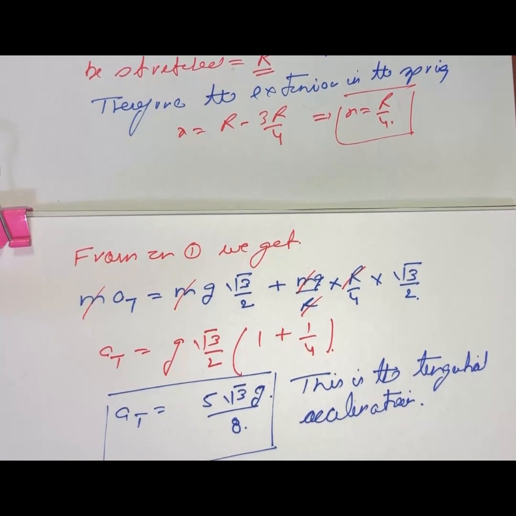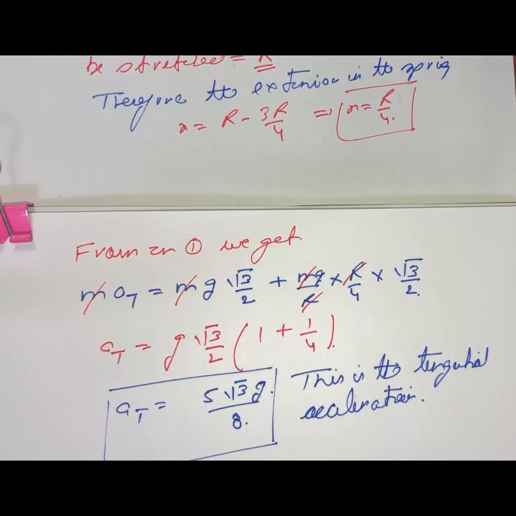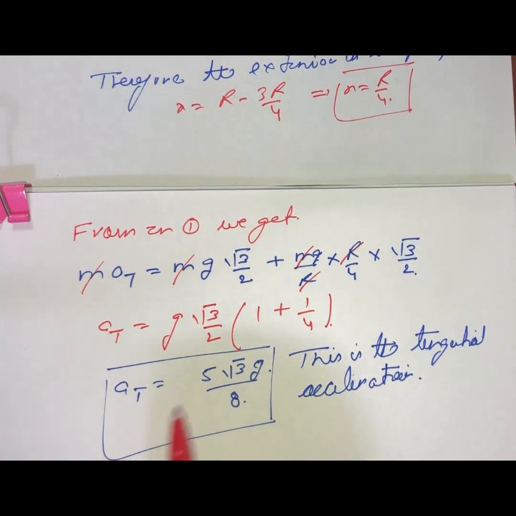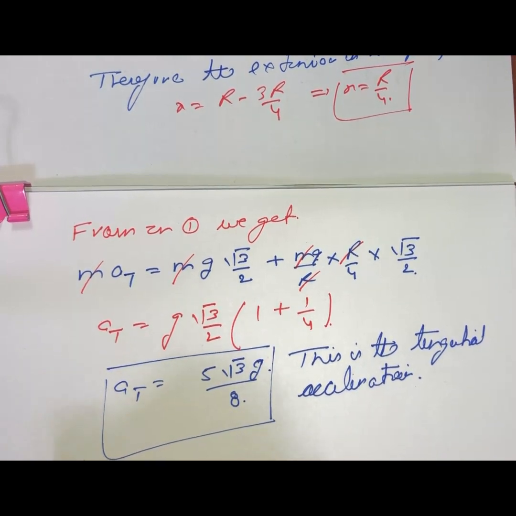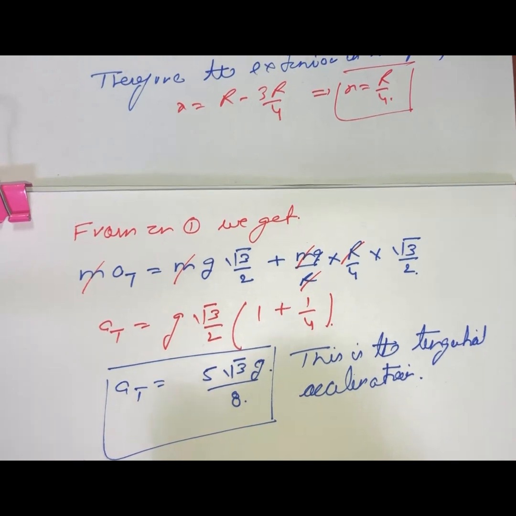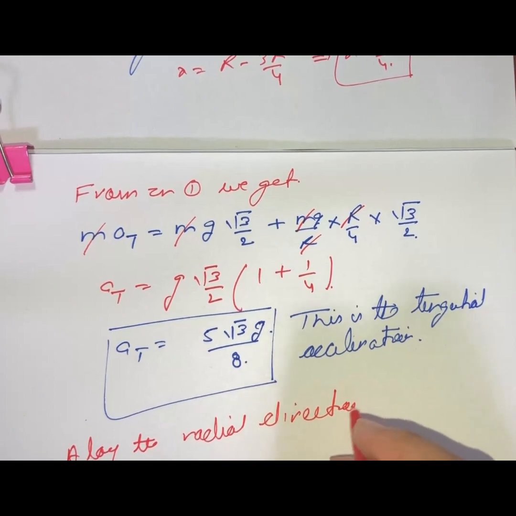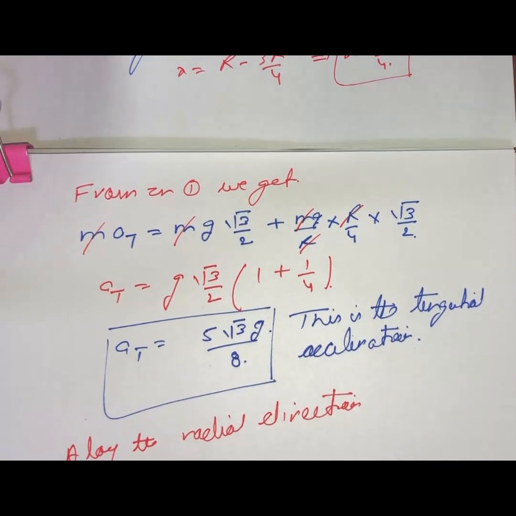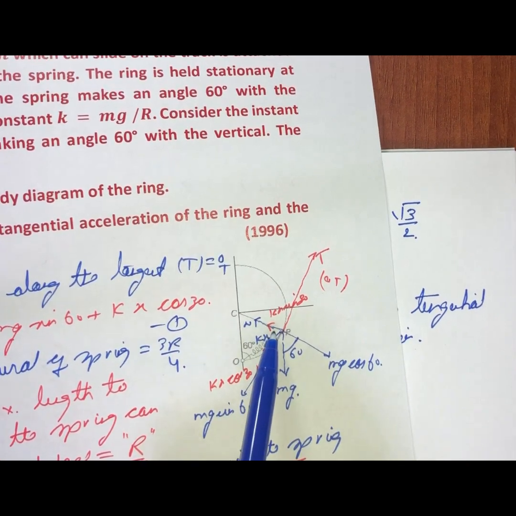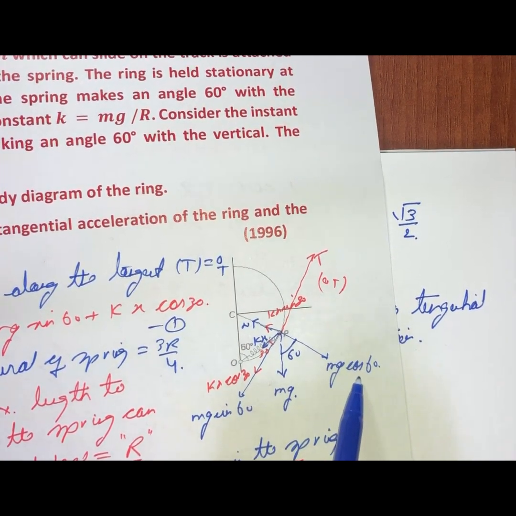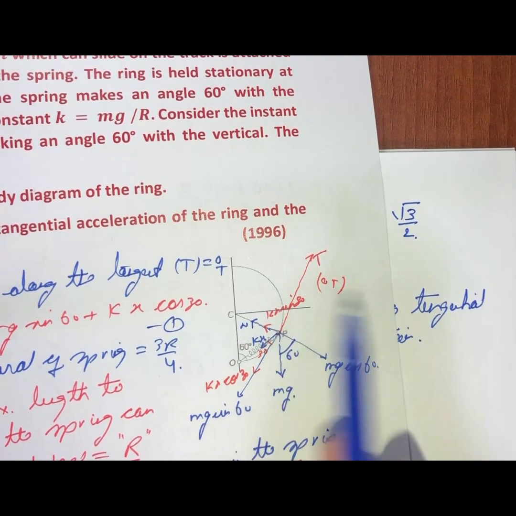Okay, so along the normal, along the radial direction, you can see that N plus kx sine of 30 is equal to mg cos of 60, and the radial acceleration.